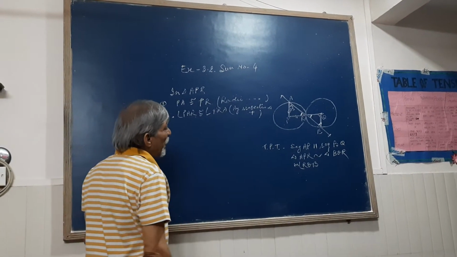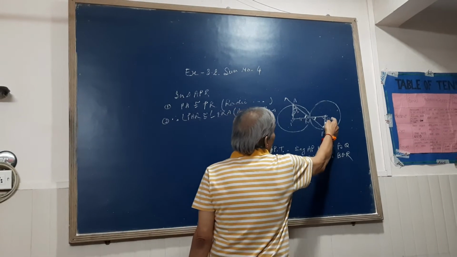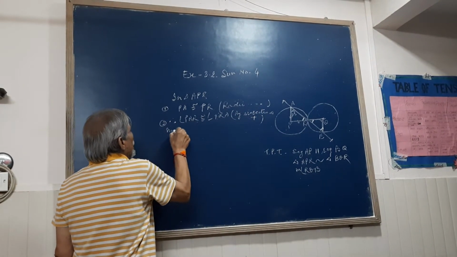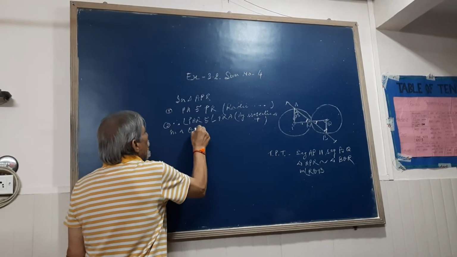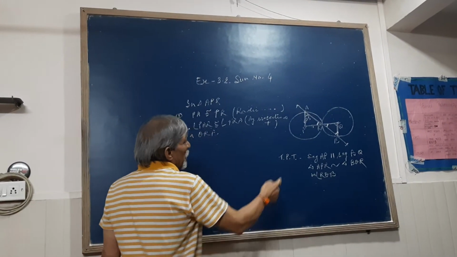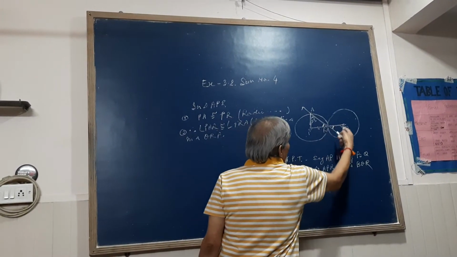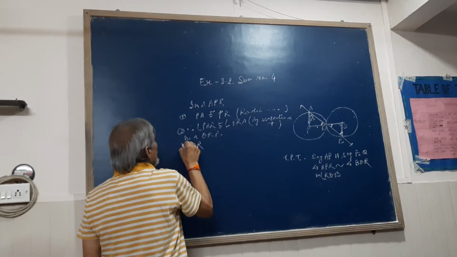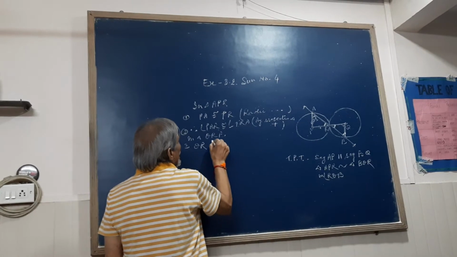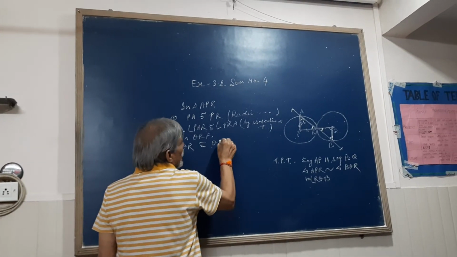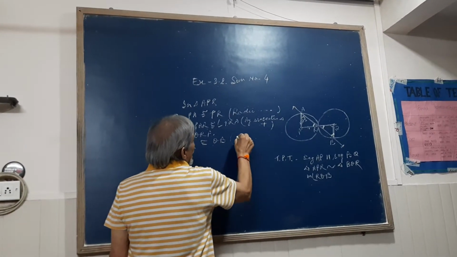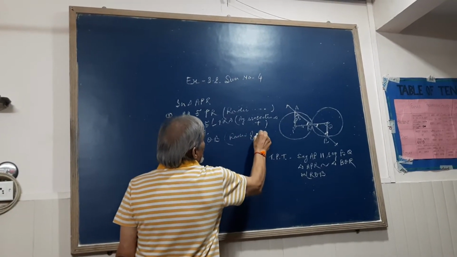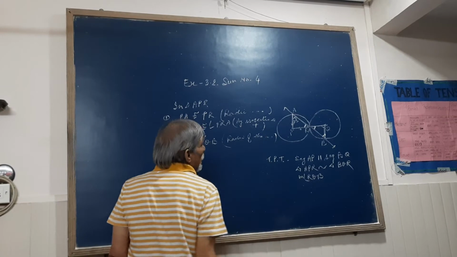In the same way, in triangle QRB, QR is equal to QB. Reason is same, radii of the same circle.